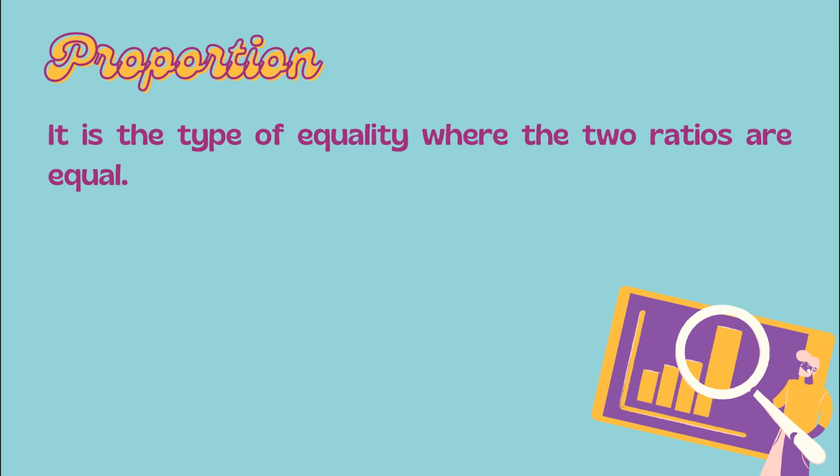So now let's go on to the next one. So we have a proportion. So a proportion is the type of equality where the two ratios are equal.